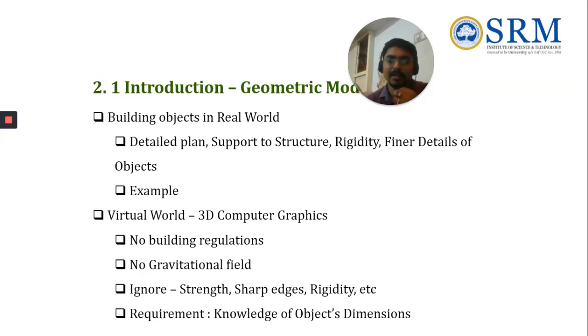For that we need a kind of regulation, an exact specification of what to do for modeling, whether 2D modeling or 3D modeling. So these things come under the virtual world.